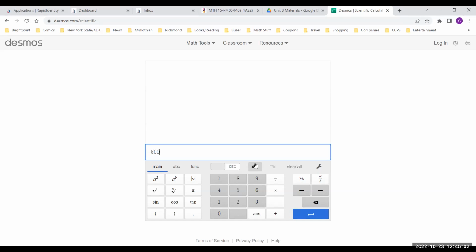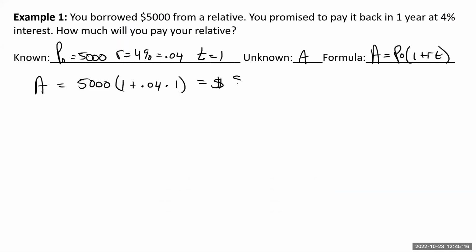So that would be 5,000 parentheses 1 plus 0.04 times 1 close. And we have our amount. So at the end of the 1 year time period, we're going to be paying back our relative $5,200. Okay, so $5,200. So by the way, guys, if you borrowed $5,000, that means your relative made $200 off of this loan. Okay, you paid the fee, the interest amount was $200 that you paid to borrow the $5,000.